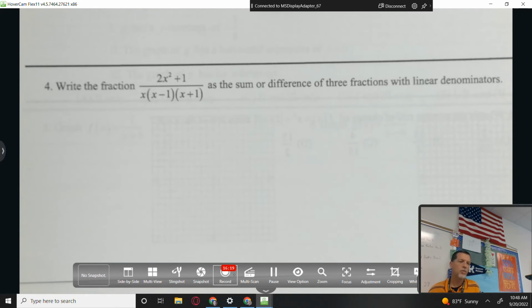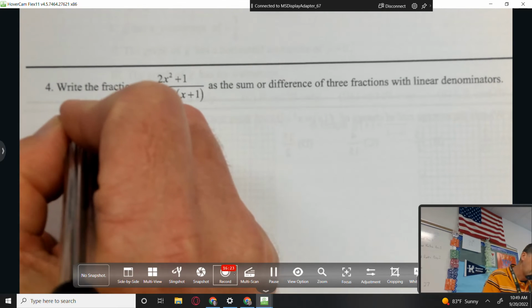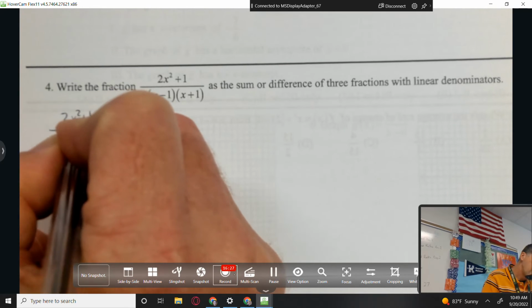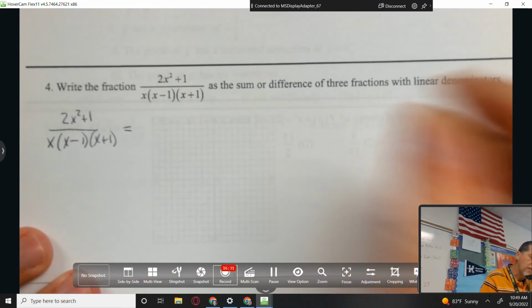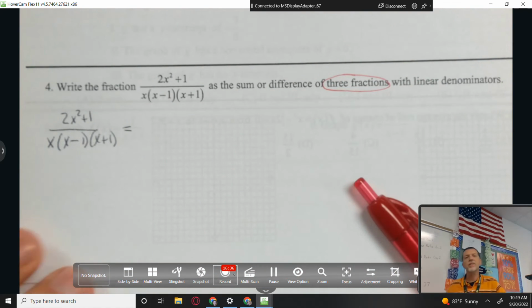Look at number 4. It's already factored, so that's nice. It's asking for 3 fractions, not 2. In fact, the directions kind of give that away if you hadn't already figured it out. It's going to take 3 fractions.